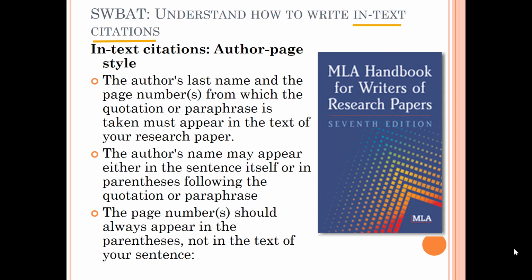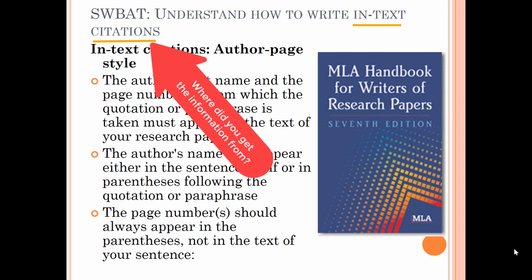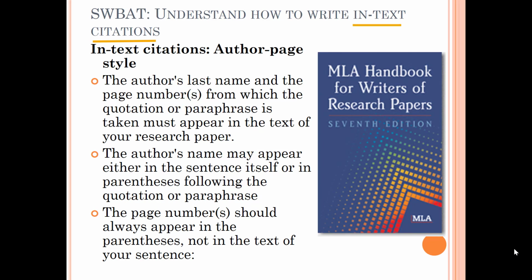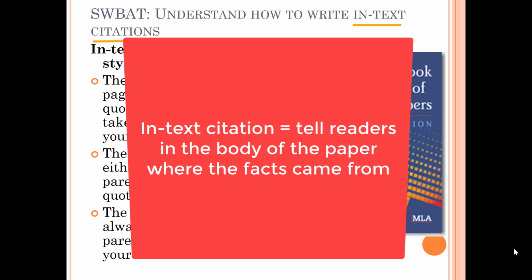Citations are a fancy word that simply means tell your readers where you got your information from. So when we put the two words together, in-text citations, we're going to tell our readers in the body of our paper where we got the information from for our research reports.